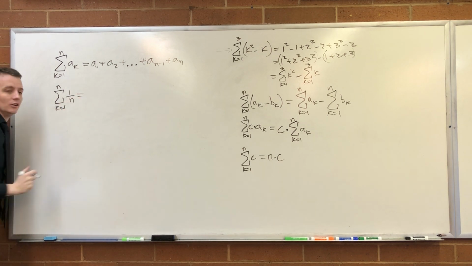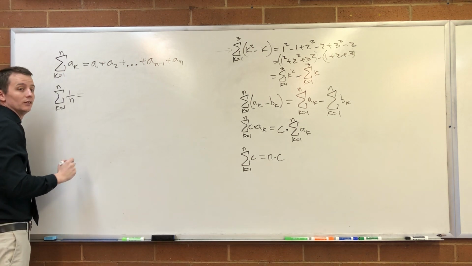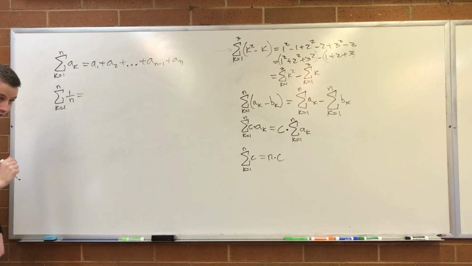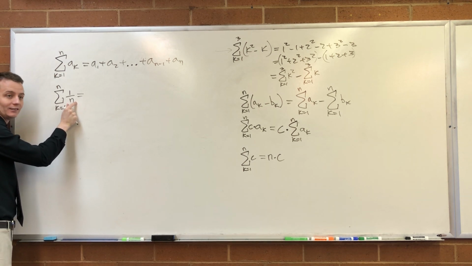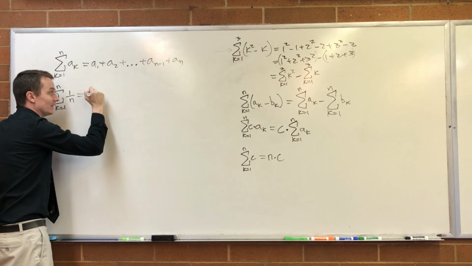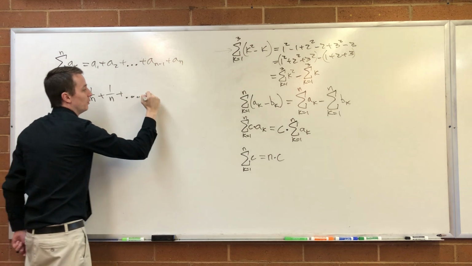What's the first term in the sequence? 1 over 1. That's what I was afraid was going to get you. Replace all your k's with 1, and what do you get? Well, you don't have k's. So what do you get? 1 over n. You get 1 over n plus 1 over n plus dot dot dot plus 1 over n.